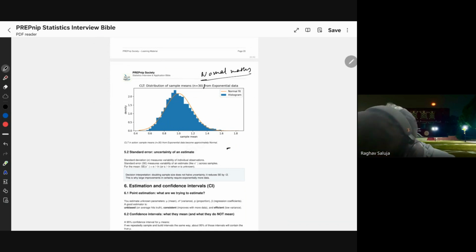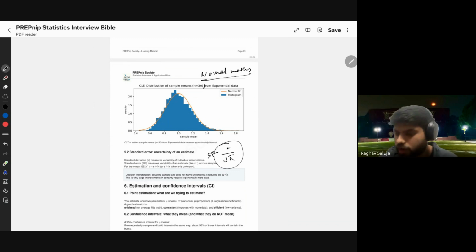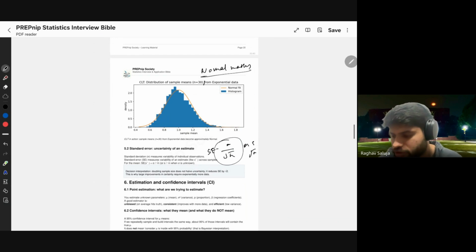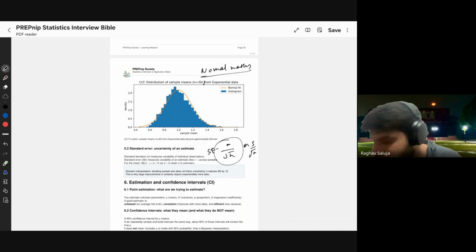You can see it's written sigma upon root n, SE, or S upon root n, where S is the standard deviation of your sample. Sigma is the standard deviation of your population. Okay. Since n is in square root, if you want to make your estimate 2 times more precise, you need 4 times more data. यहाँ पे दिख रहा है?